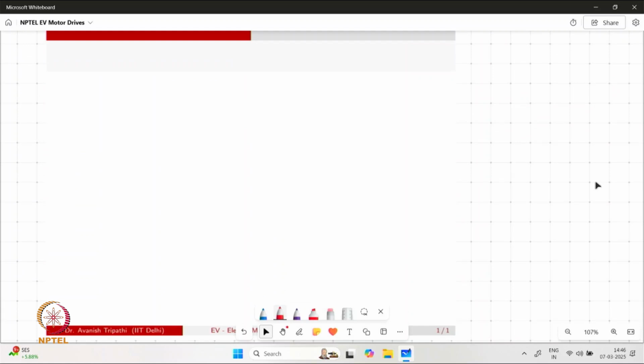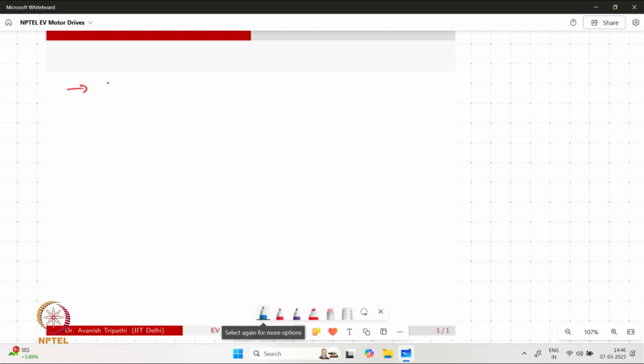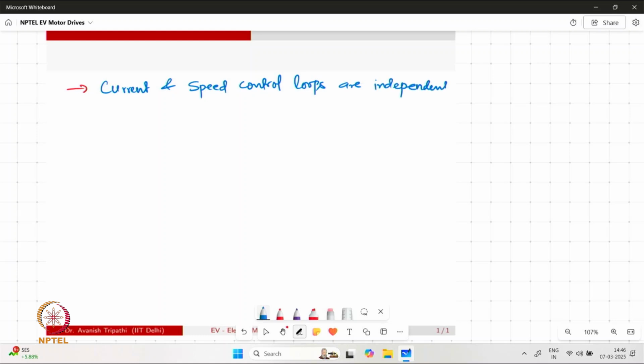When we are suggesting that current and speed control loops are independent, what essentially it means that the dynamics is quite different for the two control loops.